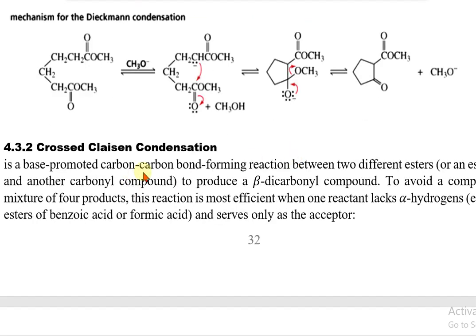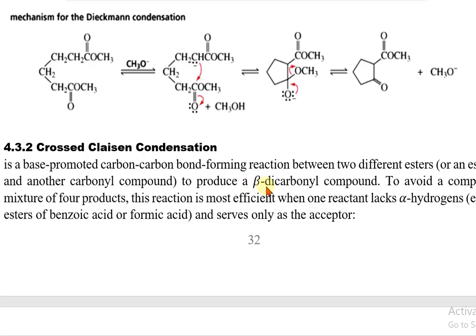A crossed Claisen condensation is a base-promoted carbon-carbon bond forming reaction between two different esters, or between an ester and another carbonyl compound, to produce a beta-dicarbonyl compound.